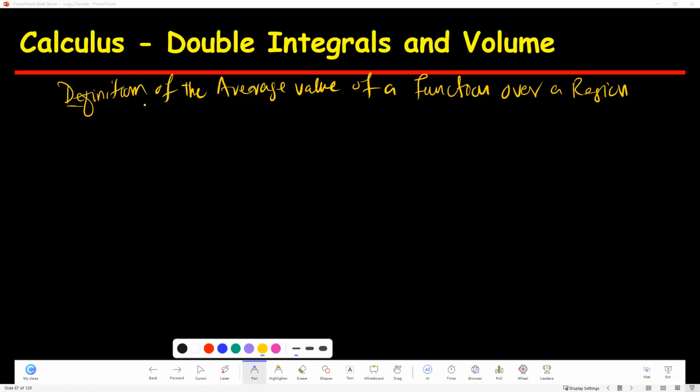Okay, let me go to the next slide. This topic is fairly just like rewriting a double integral in a slightly different way.